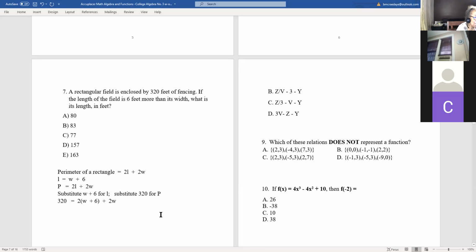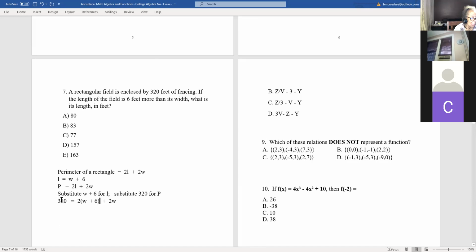So now I just have W. So can you solve it from here? Multiply 2 times the W plus 6, 2 times W, 2 times 6, and then solve for W. I'm stuck. Well, you follow the 320 is the perimeter.